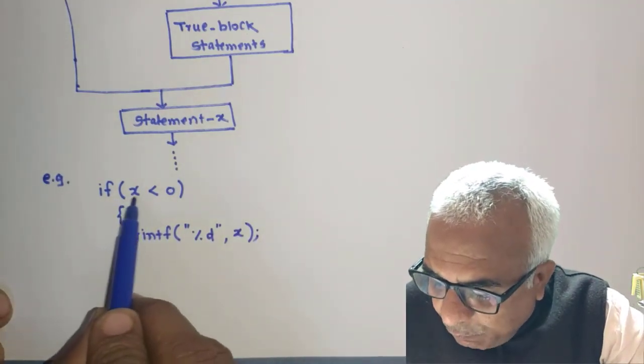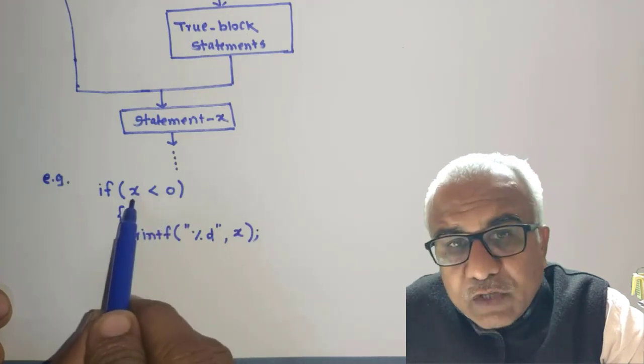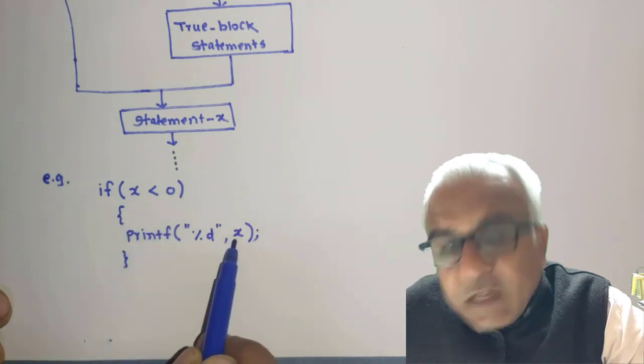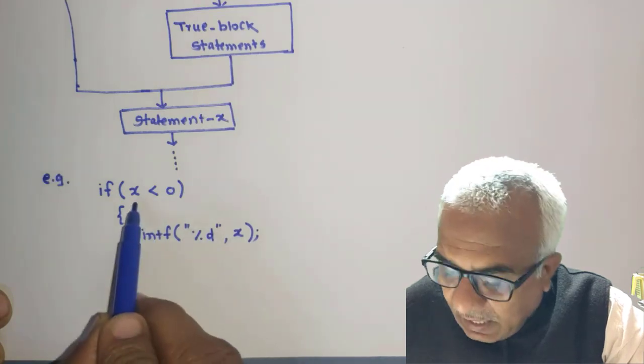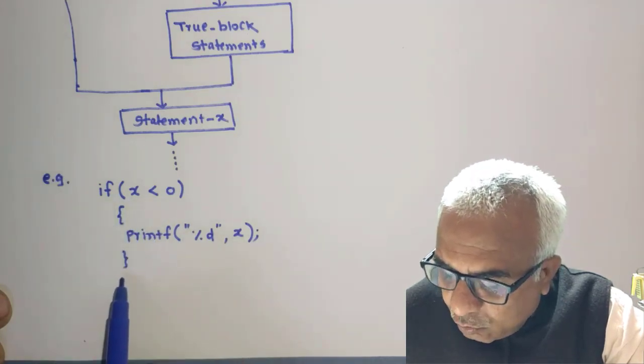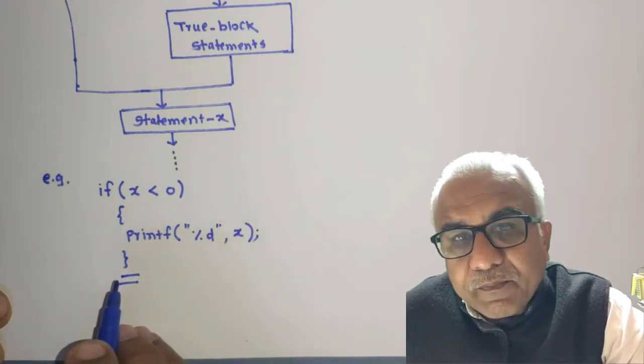It means that if the value of X is less than 0, that is negative, then print the value of X. Otherwise, go directly to this part of the program.